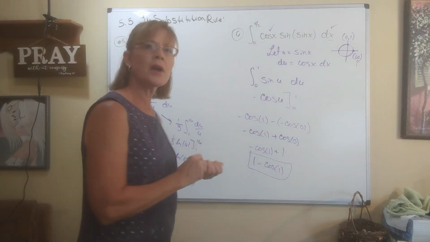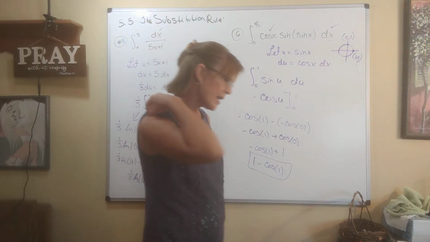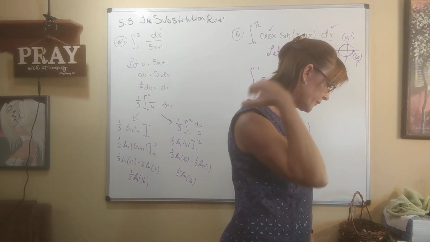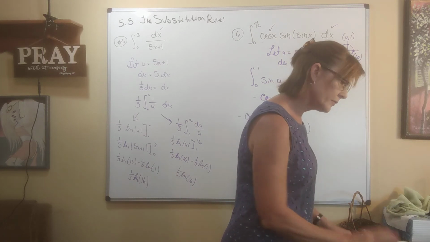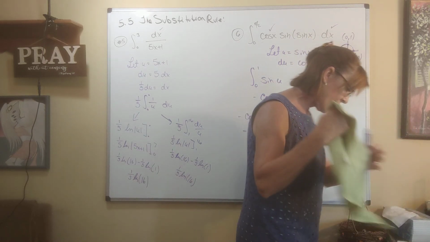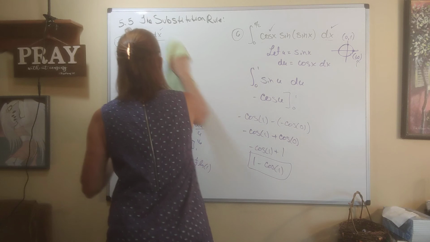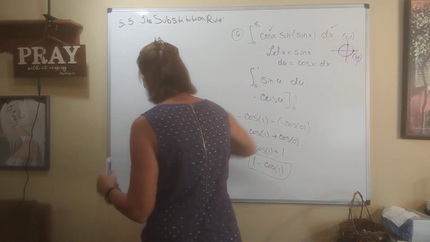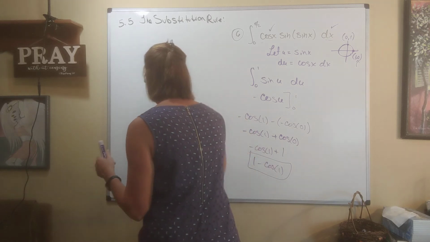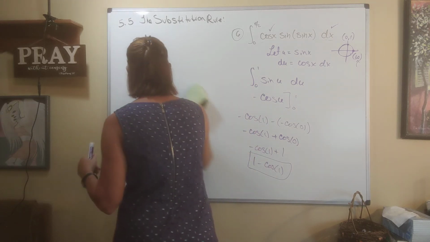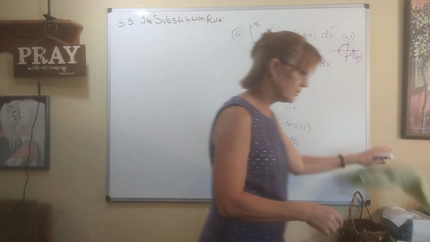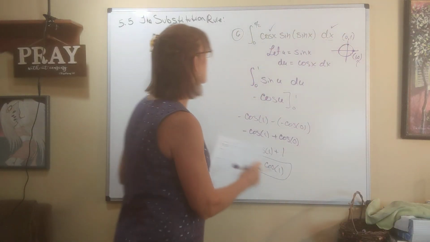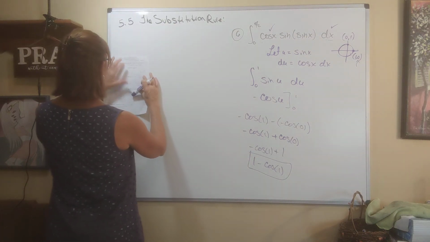At the very bottom of the sheet that you have, I have listed a couple of symmetry rules. So real quick, if f is even, an even function is one that's symmetric across the y-axis. If you're integrating an even function from negative a to a, or negative 4 to 4, or negative 2 to positive 2, that's equivalent to 2 times the integral of it from 0 to a.